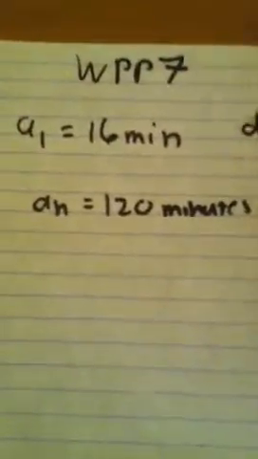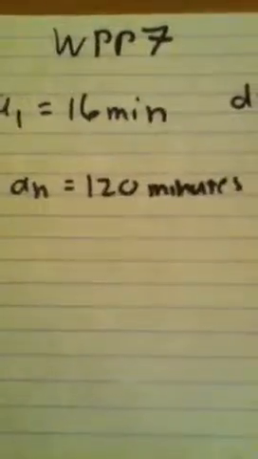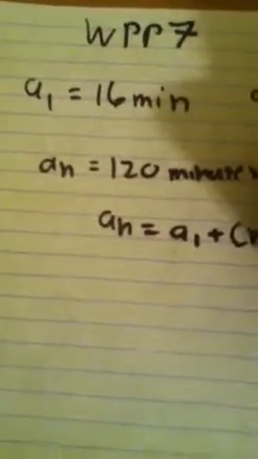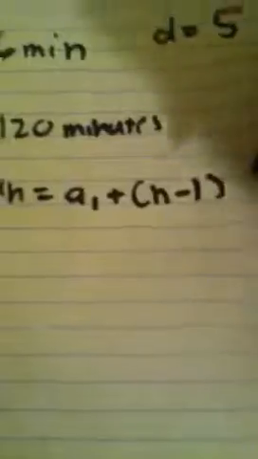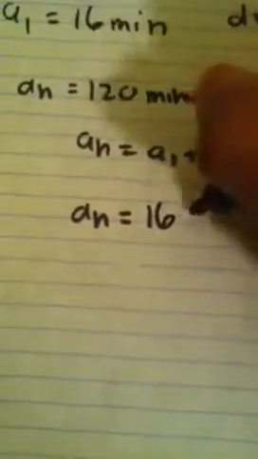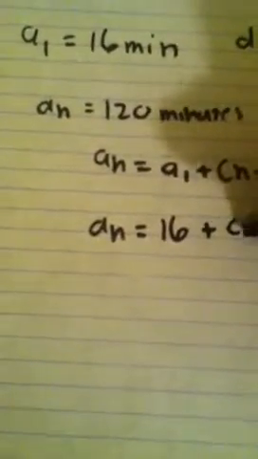So the formula first, it asks to find the general term. So we have to use a sub n equals a sub 1 plus parentheses n minus 1 times d. So we plug in the numbers that we have. So a sub n equals 16 plus n minus 1 times 5.